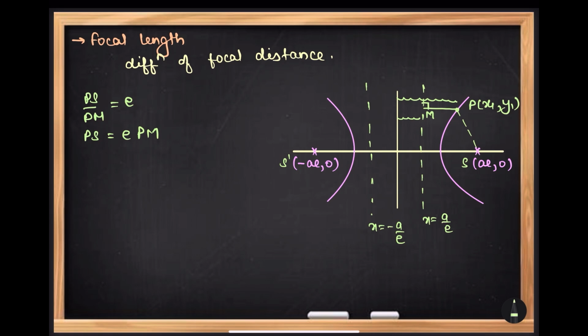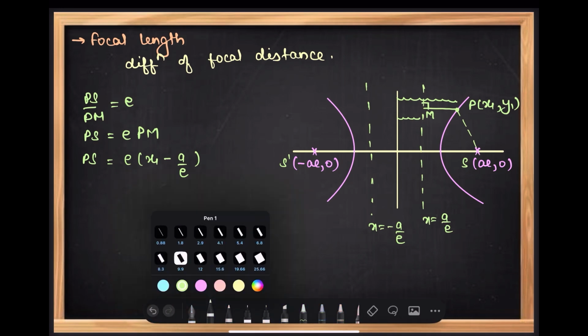Correct or wrong? So can I write PS as e times (x1 - a/e)? You got your PS done.